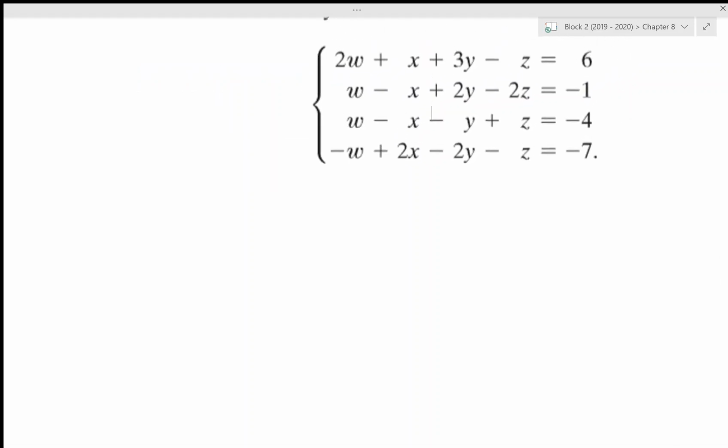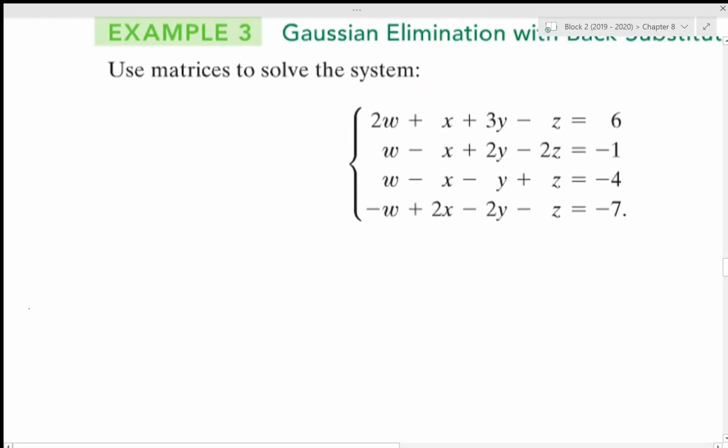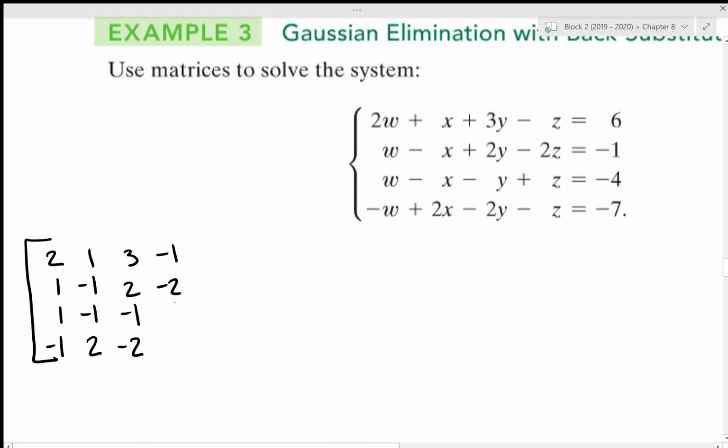So, I'm just going to write this as a matrix. So it's 2, 1, 1, negative 1. 1, negative 1, negative 1, 2. 3, 2, negative 1, negative 2. And negative 1, negative 2, 1, negative 1. The augmented line.